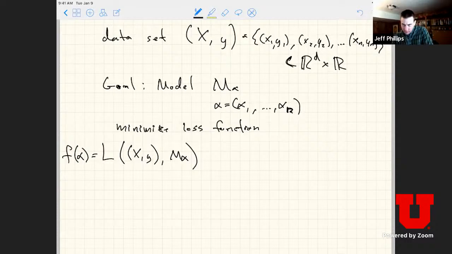So this f of alpha is going to be from R^k, the space of the model parameters, a vector in R^k, parameterized by some small number of scalars, and it's going to give us some sort of value. The goal is then to choose the alpha parameters which minimize this loss function.